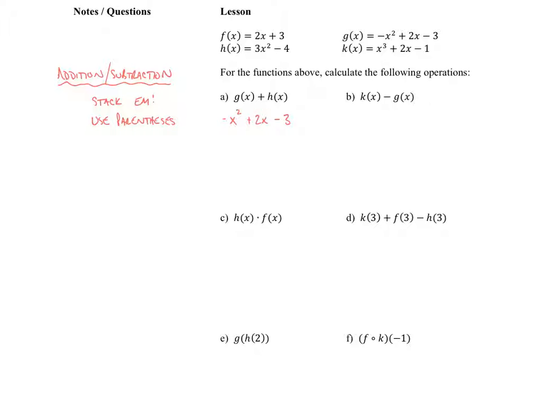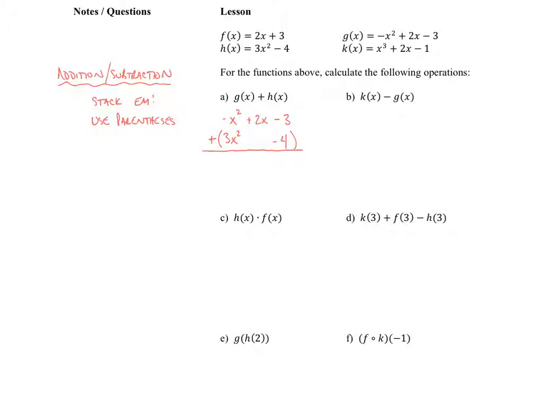And since we're adding, we'll use our plus sign. Our h of x function is 3x squared. Make sure that goes beneath the x squared terms, minus 4. And I recommend we use parentheses because when we get into subtraction, it's going to be really important to make sure that we are remembering what this sign is and that it applies to these terms down here.